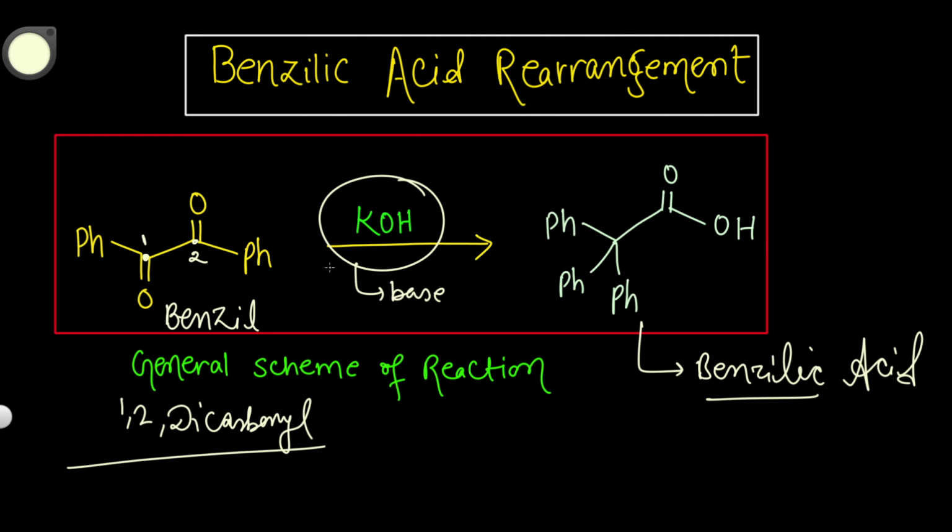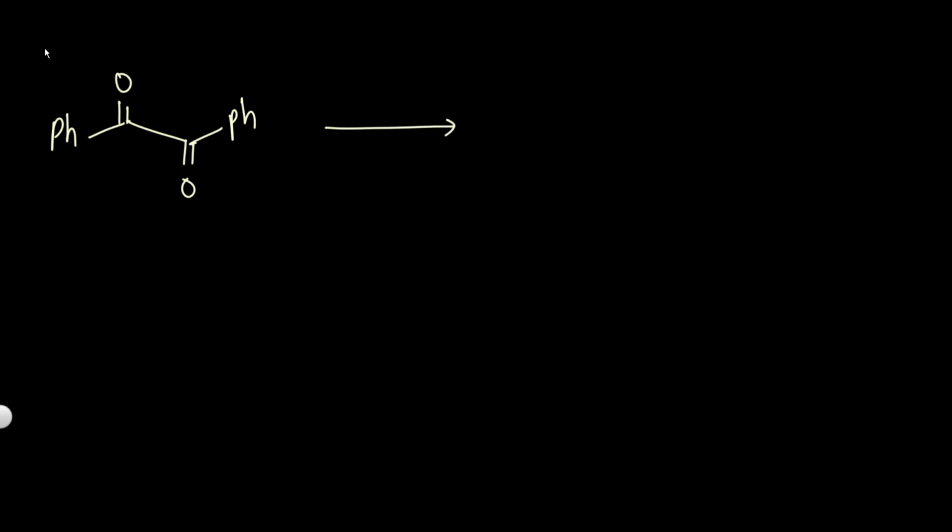Let me clear all this stuff. Generally, I have taken Ph here as the example. This is a 1,2 dicarbonyl compound that we call benzil, and here we have taken the reagent KOH.